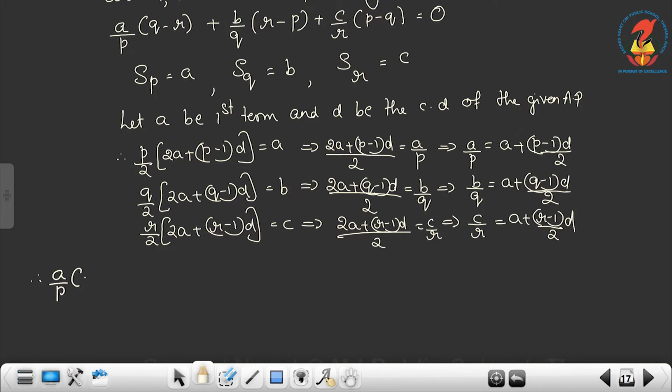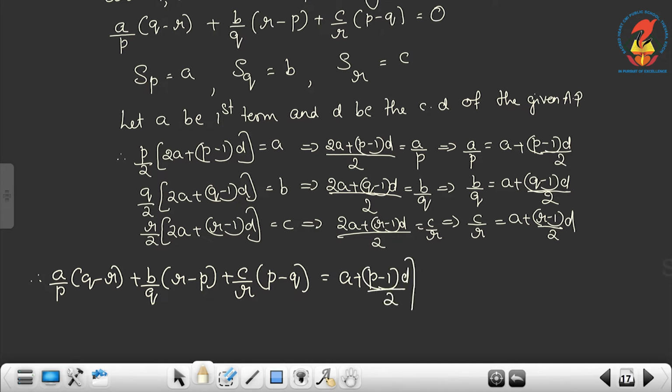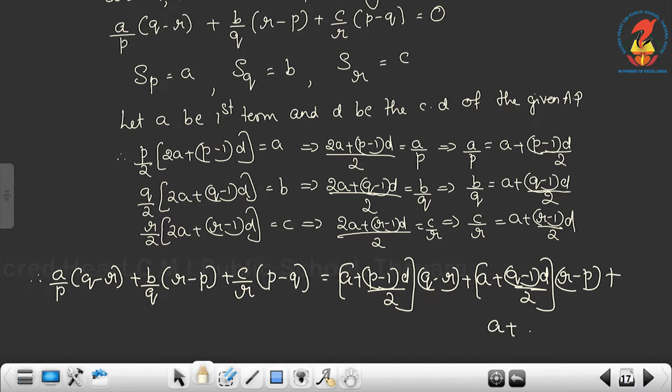Therefore, a by P into (Q minus R) plus b by Q into (R minus P) plus c by R into (P minus Q) is equal to, a by P is A plus (P minus 1) into D by 2, into (Q minus R), plus the second expression, A plus (Q minus 1) into D by 2, into (R minus P), plus the last term, A plus (R minus 1) into D by 2, into (P minus Q).